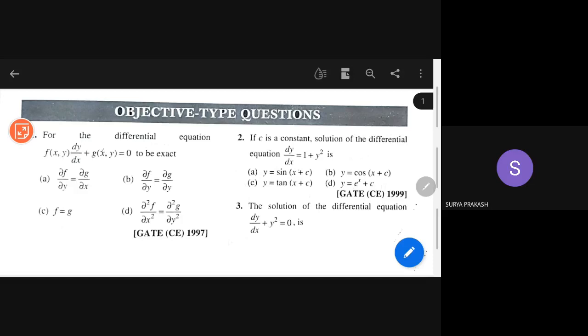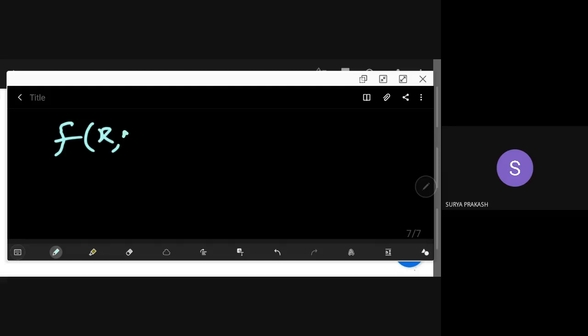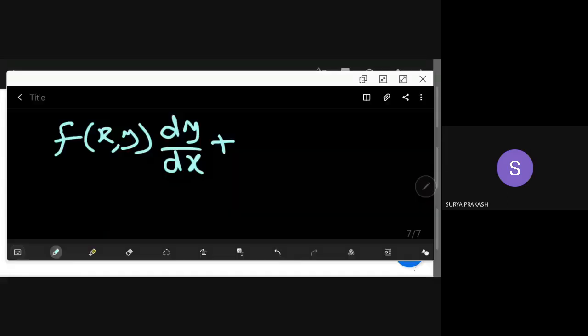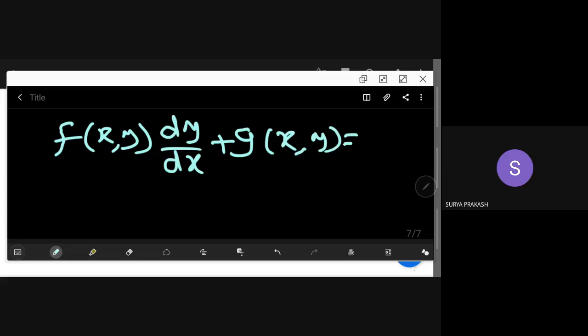What did they give? f of x,y dy/dx plus z of x,y is equal to 0. This is what they have given.